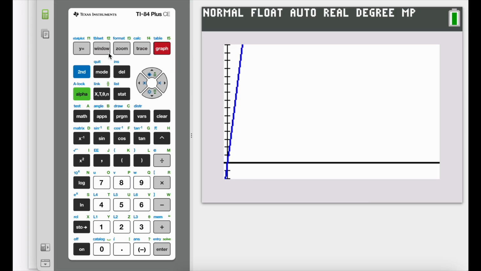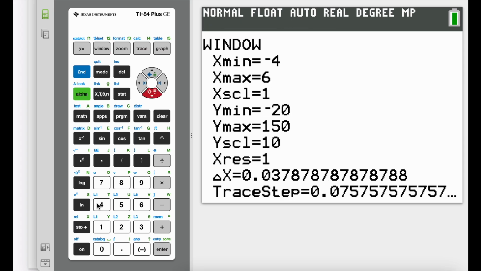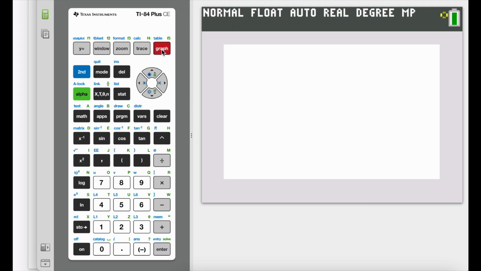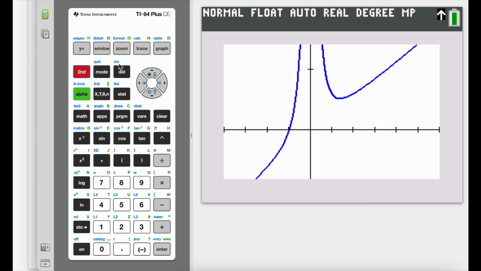So if we graph this, we need to change the window to what we're looking at on our exam paper, which is -4 to 6, and then -8 through to 14. So we're trying to find the minimum point, which is this point here.